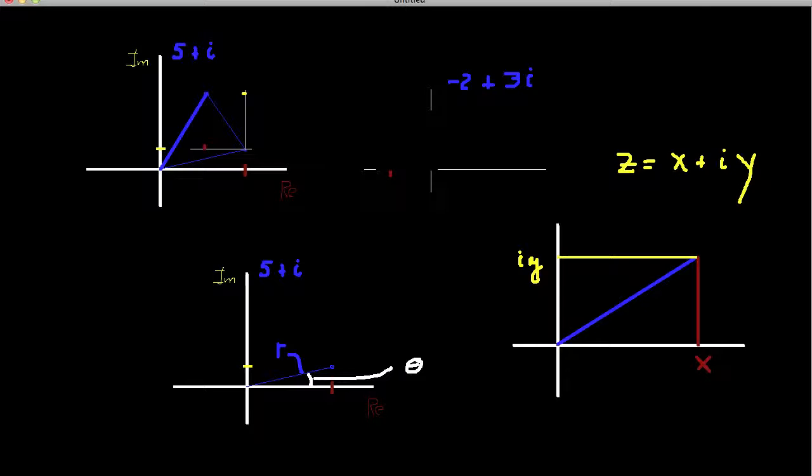Now, are you ready? Because this will be something new. We can say that the complex number z can be written as r times cosine of theta. Again, if this is theta, then x is equal to r cosine theta, plus i times r sine theta.